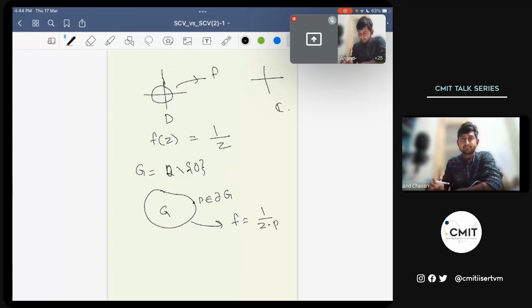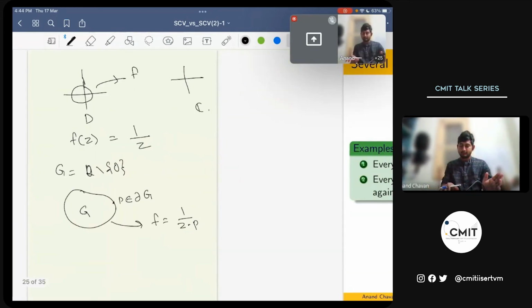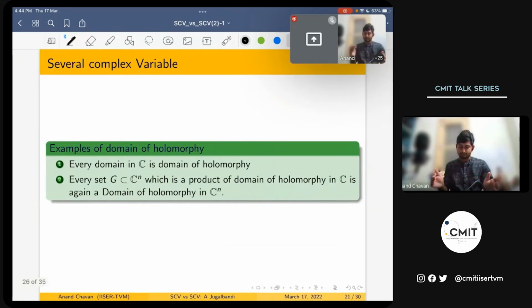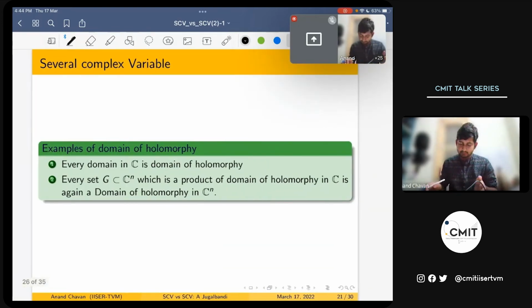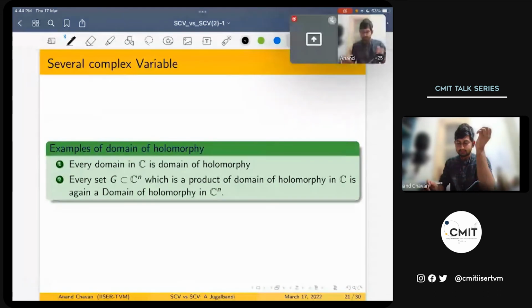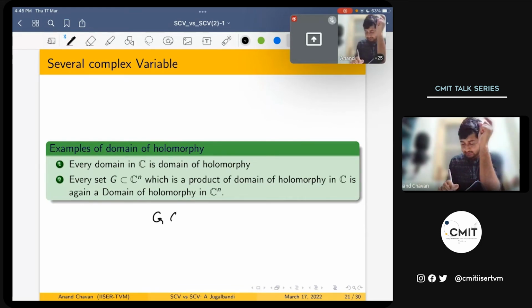Now this doesn't happen in the complex plane, but in higher variables. Now let's see an example of a domain of holomorphy in Cn. So I want to produce an example of a domain of holomorphy in Cn. What I will do is I'll take a set G of the complex plane C, and I'll just take its Cartesian product n times.